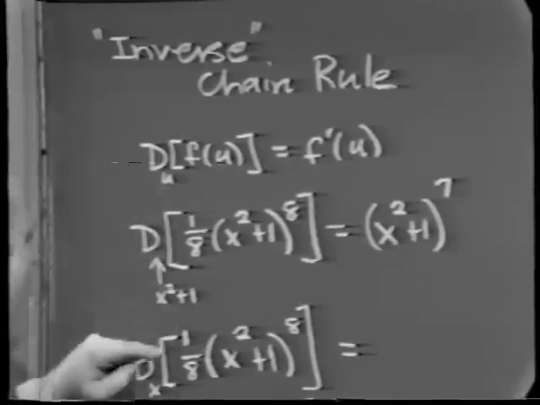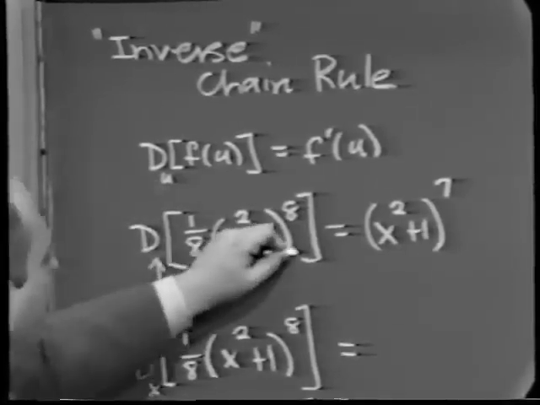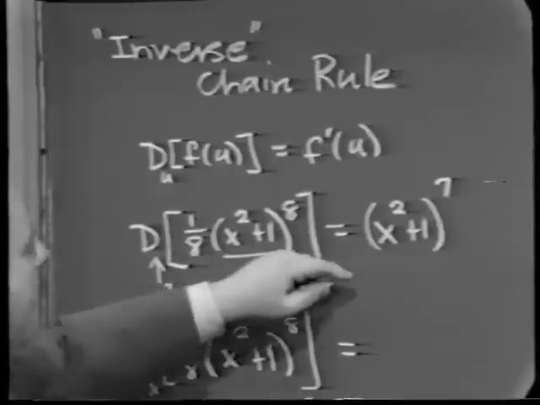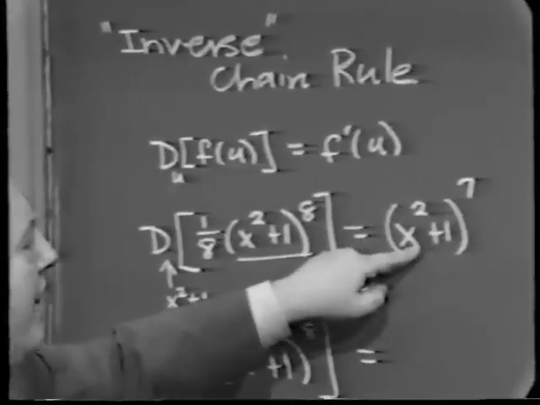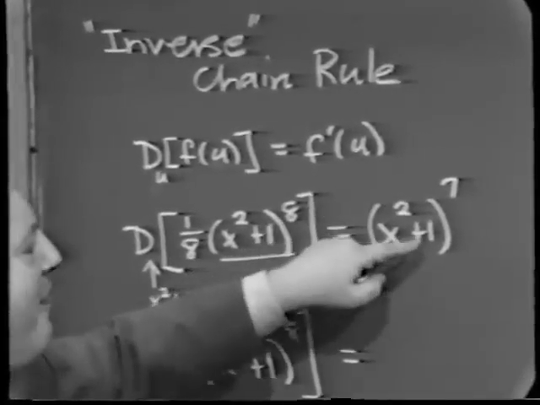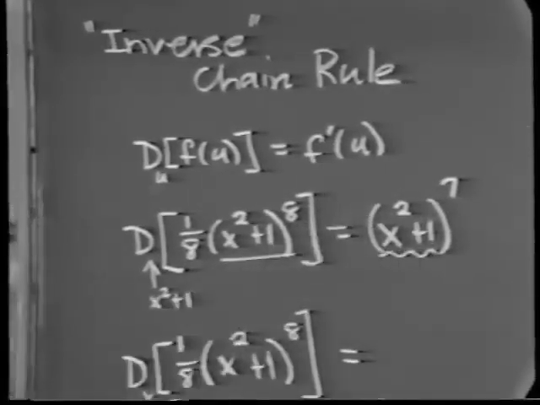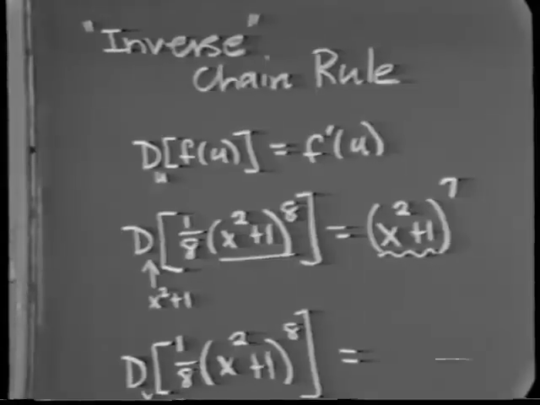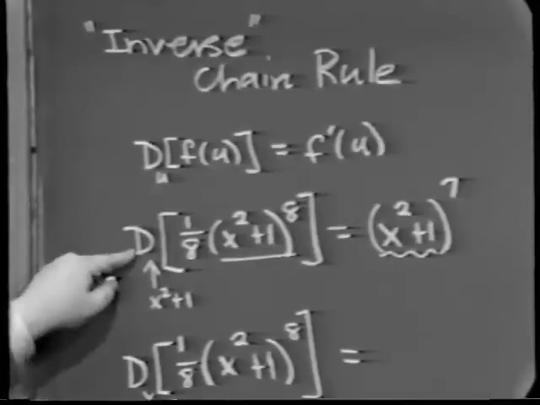In other words, what we saw was that if you wanted to get something to the 7th power, what you had to differentiate was 1/8 that same something to the 8th power if you were differentiating with respect to that same variable. In other words, what would have been x squared plus 1 to the 7th would have been what?